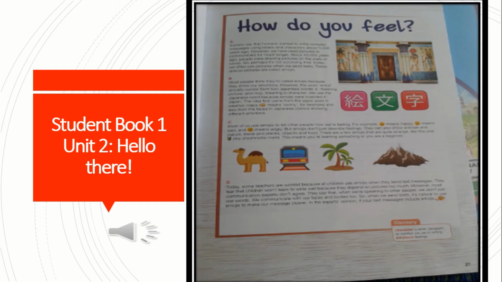However, the word emoji actually comes from two Japanese words, e meaning picture and moji meaning a character. We use the Japanese word because emojis were invented in Japan. The idea first came from the signs used in weather maps. This symbol means sunny, for example, and also from the faces in Japanese comics showing different emotions.